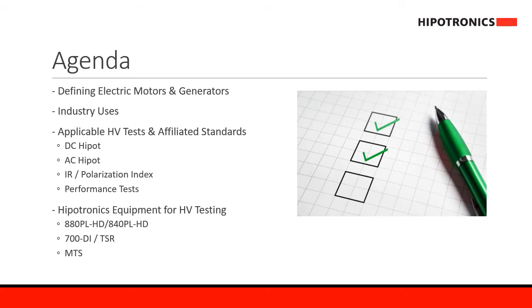We will go over what Hipotronics equipment we offer for high voltage testing on motors and generators, starting with the 800 BL series, the 700 DI series, the TSR, and the MTS.